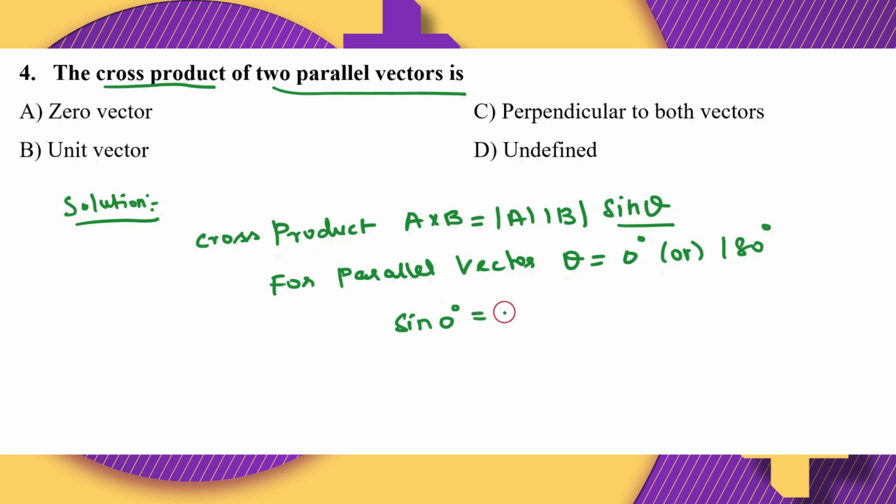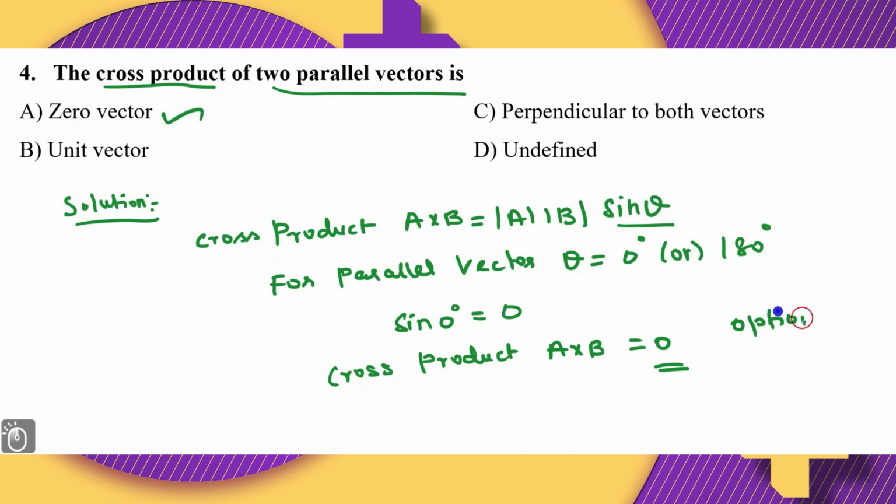Sin 0 will be 0. So the cross product A cross B is equal to 0. The answer should be a zero vector. So option A is correct.